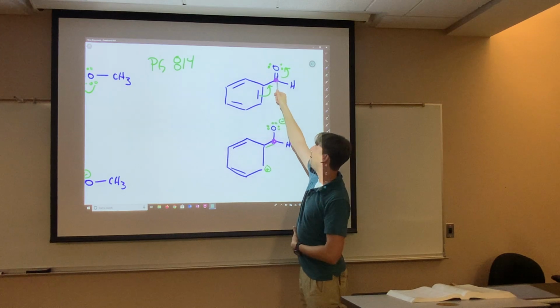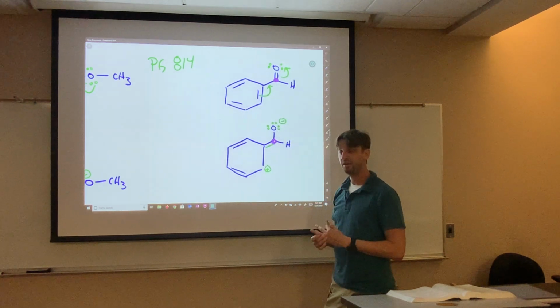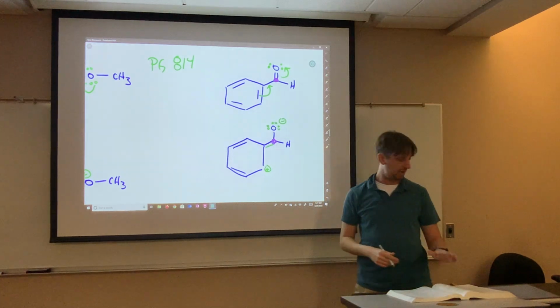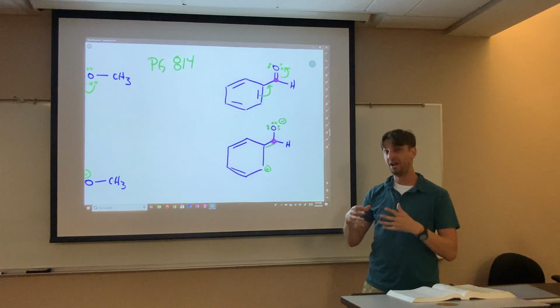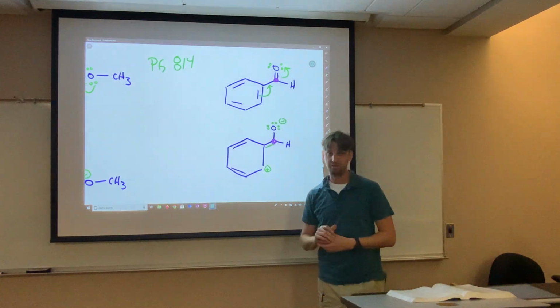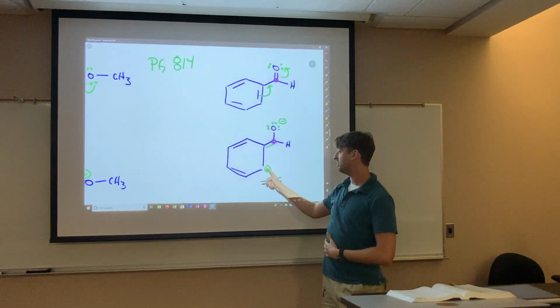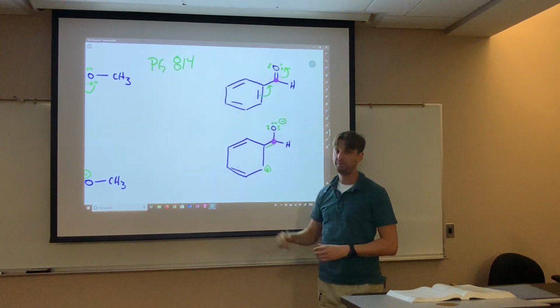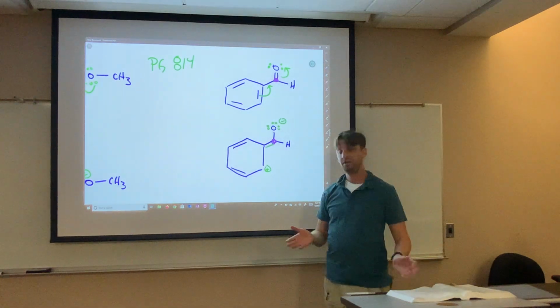So this is a conjugated pi bond, and we can end up generating a resonance structure like this, okay? So if you take a look on page 814, look at all the pi bonds that we have bound to the ring in all of those examples. What they do is we can then draw resonance structures where we put a positive charge in the ring. That's it, okay? That's it.